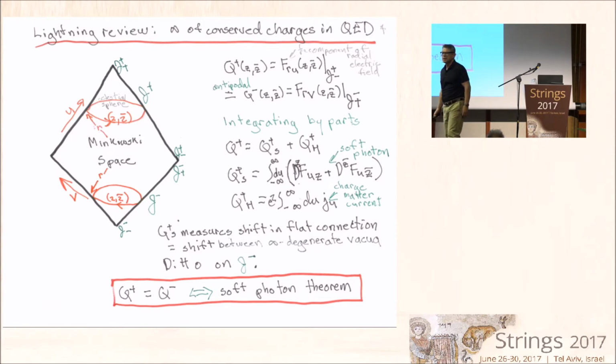I'm only going to mention one here. These conserved charges generalize the usual global charge that we talk about, the total charge. But there's one such charge for every point on the celestial sphere. So here I've drawn a picture of Minkowski space. We'll have to keep this picture in mind for the whole talk.